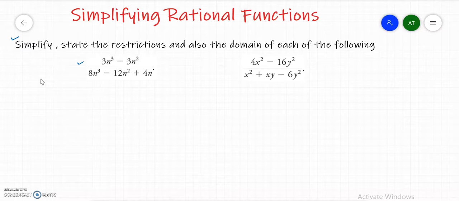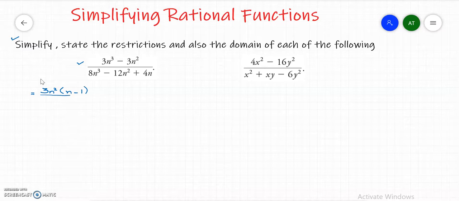In the first part we are given the numerator, that is 3n square minus 3n cube minus 3n square. We can see that 3n square is common in both terms, and after taking 3n square common we are left with n minus 1 inside the bracket.